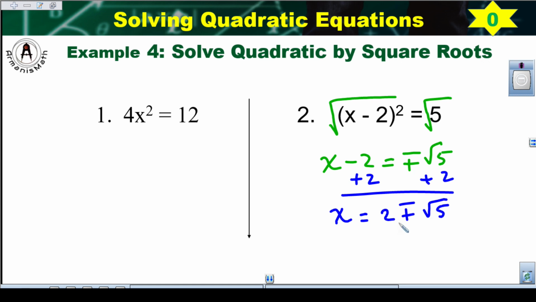Basically, there are two solutions here, by the way: 2 plus square root of 5, or 2 minus square root of 5. Both should be accounted for, not just one of them. Why is that? Well, because you have a second degree function here.